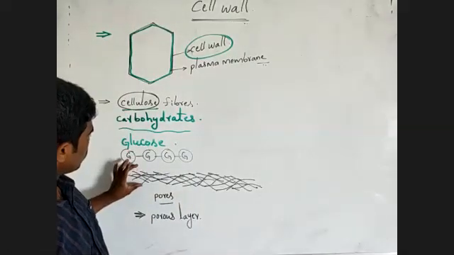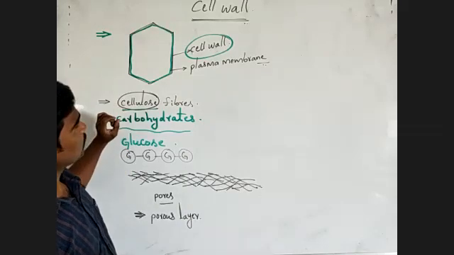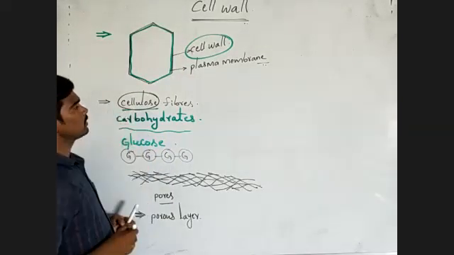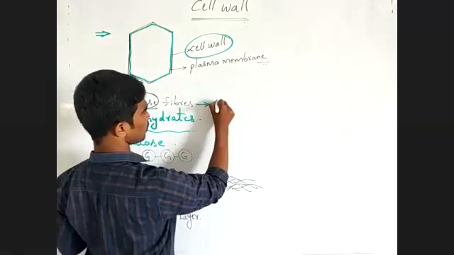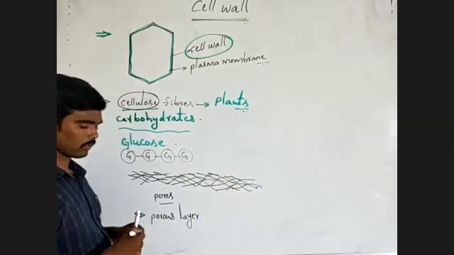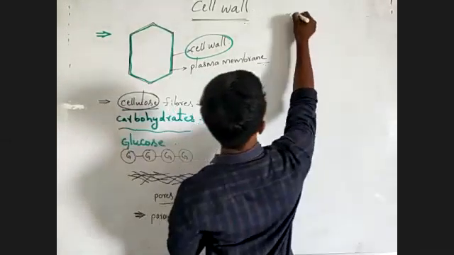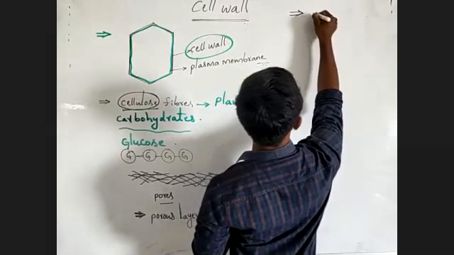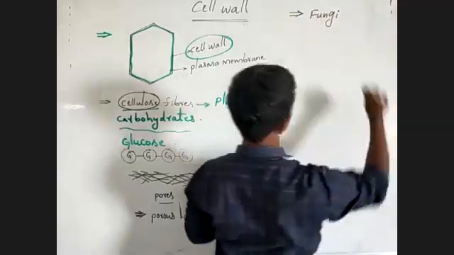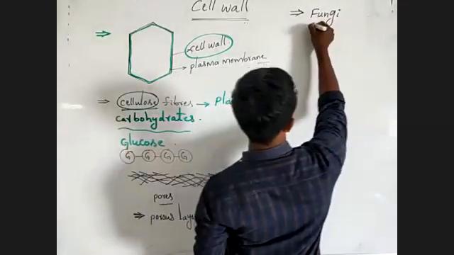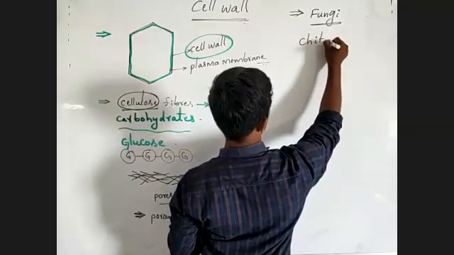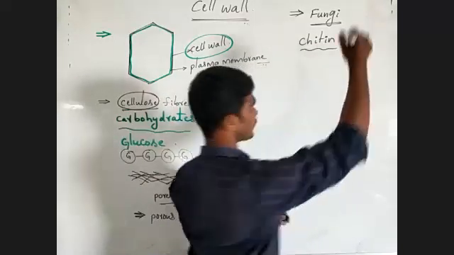In plants, the cell wall is made up of cellulose fibers. Whereas in fungi, the cell wall is made up of chitin.